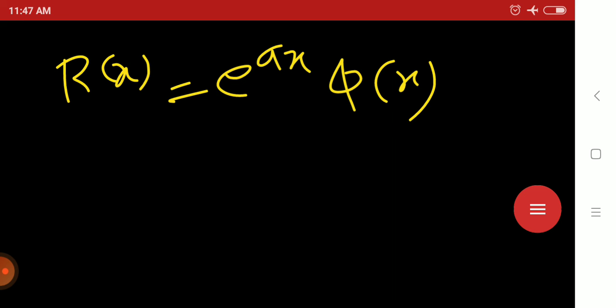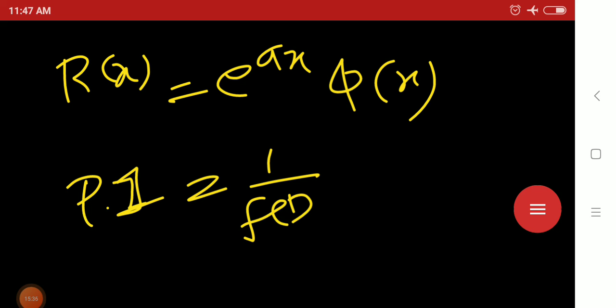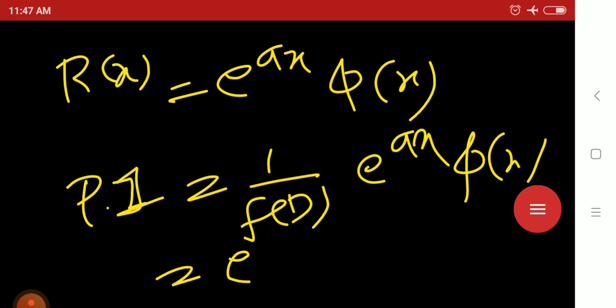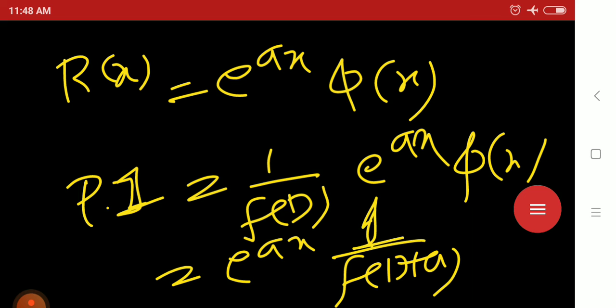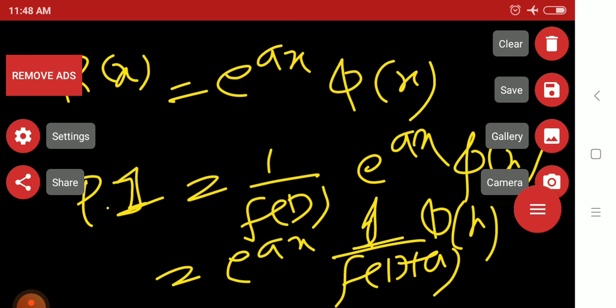If R(x) equals e to the power ax times phi of x, then the particular integral will be 1 by f of D, e to the power ax phi of x. Now take the exponential to the left hand side: e to the power ax, 1 by f of D plus a, phi of x. So these are some cases of how to solve the particular integral of a non-homogeneous differential equation.